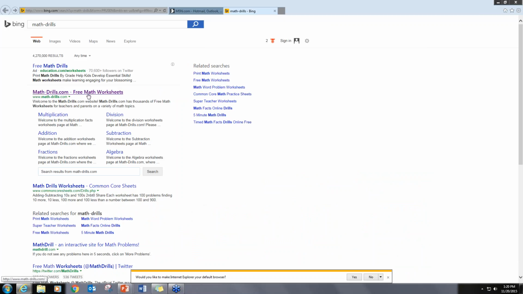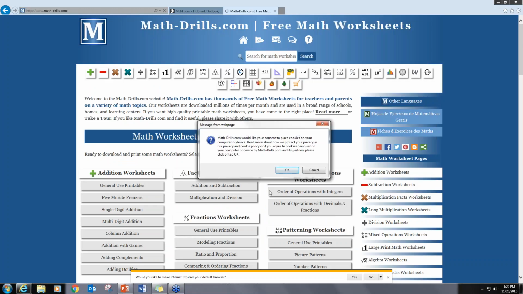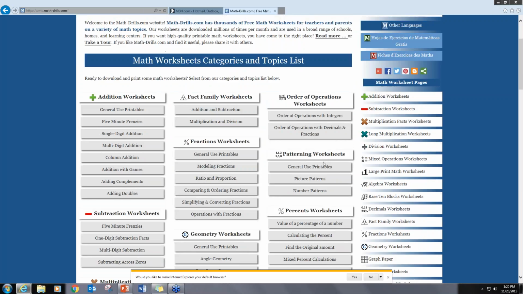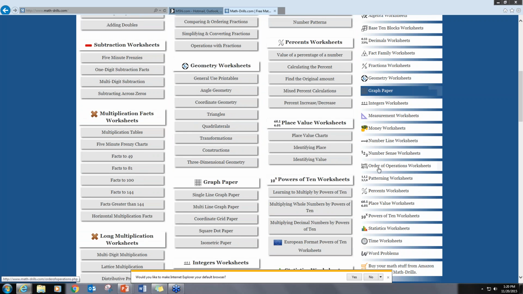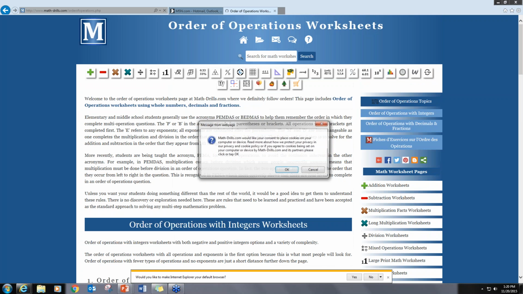And here it is. As we are heading down to our order of operations, you can just see all of the wonderful options for worksheets. And the other nice part about this is there's several versions of each topic, and the answer sheet comes right below it. So on the right-hand side, we're going to head down to our order of operation worksheets.